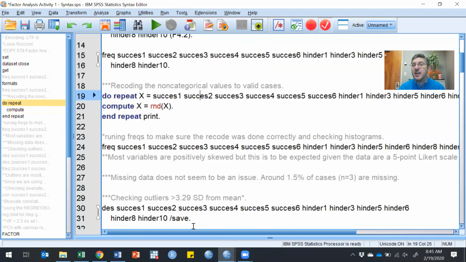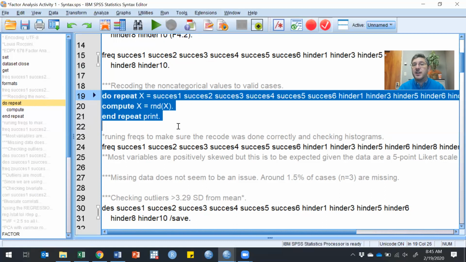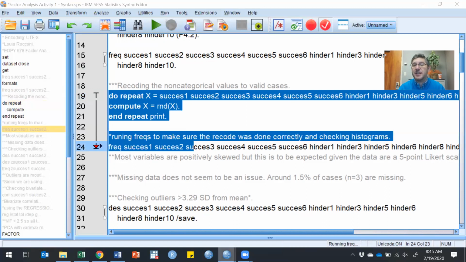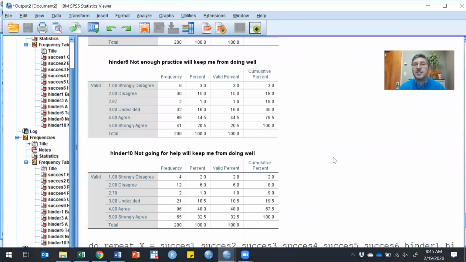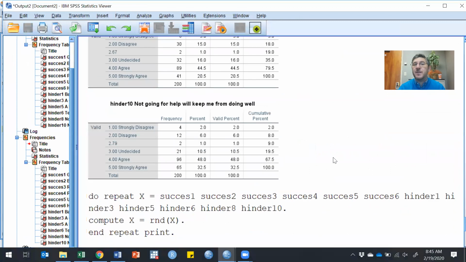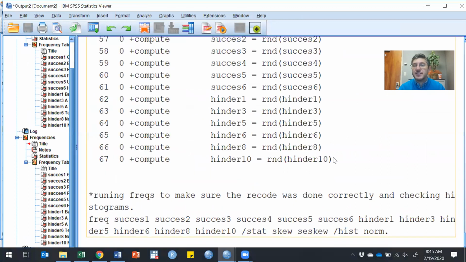So I'm taking each variable and then recomputing it by rounding the variables to the nearest whole number. We can run frequencies on it just to make sure that everything ran correctly. Give it a minute to run.